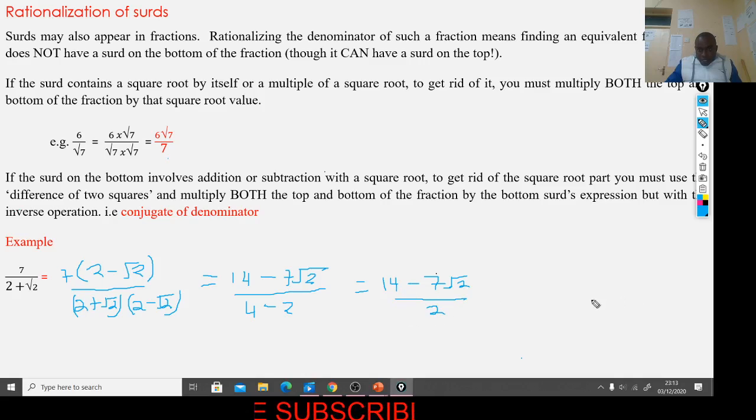We can separate each part: it will be 14 over 2, then minus 7 over 2 of root 2. Remember, this gives you 7 minus 7 all over 2 of root 2.